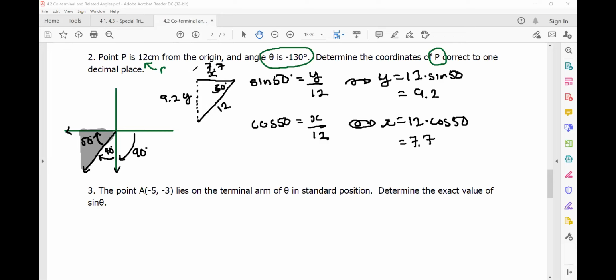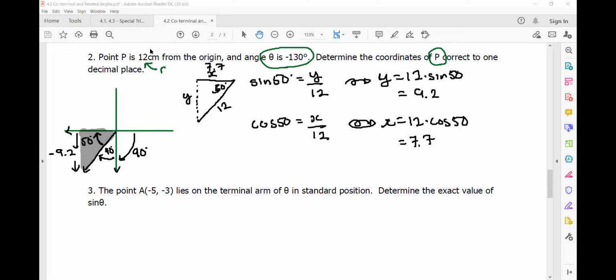But what if I were to apply that same triangle in the third quadrant? It's not just a 9.2. I'm going in the downward direction. We have to remember, it's a Cartesian coordinate. And so the y value is negative 9.2.